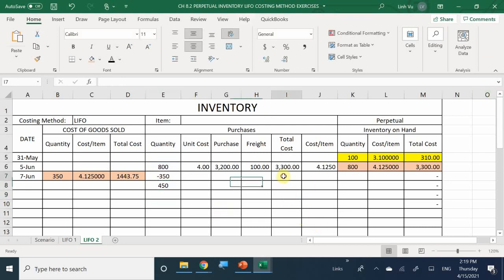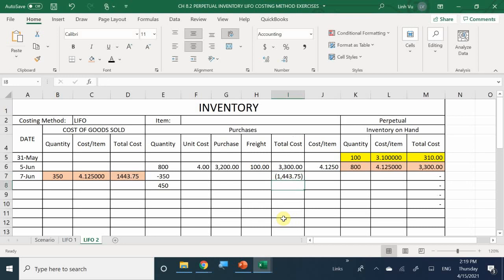Same thing here. If I started with 3,300 and I sold 14.4375, how much should I have left? 18.5625. Good, excellent. So now we have this information, I'm going to update my inventory.